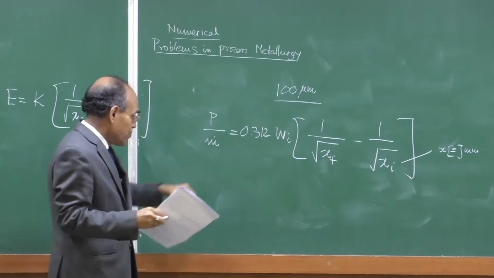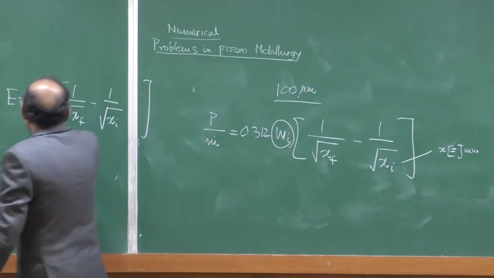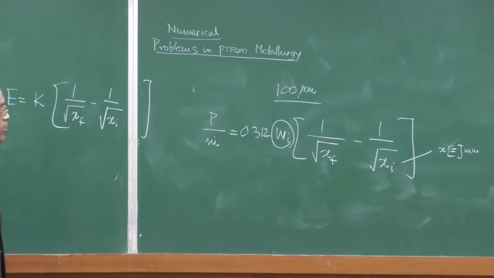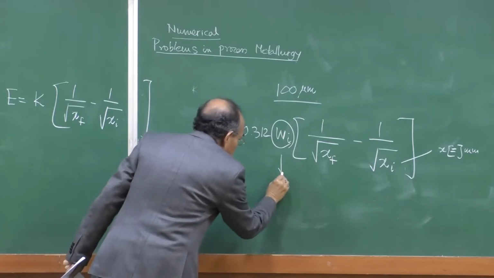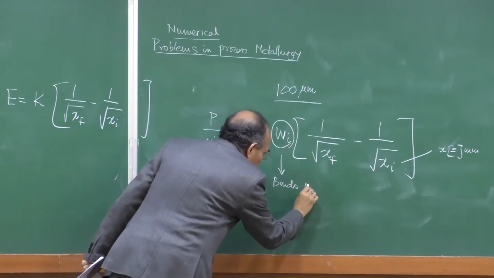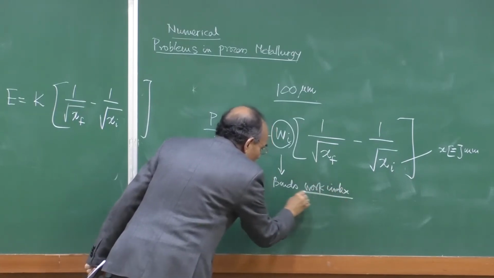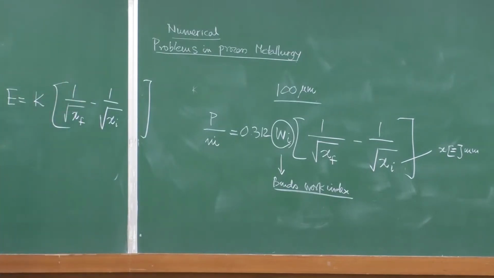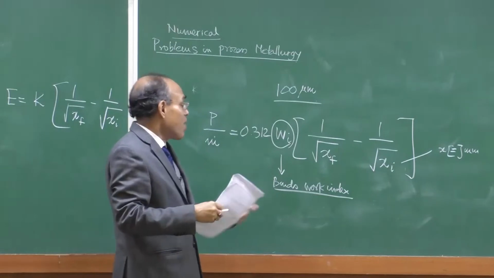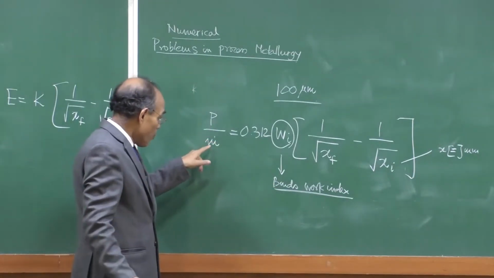So, as I said, K can be determined as a function of machine characteristics as well as the ore, and this is called the Bond's work index, which is typically given. Bond's work index is given in terms of the power required per ton of material.